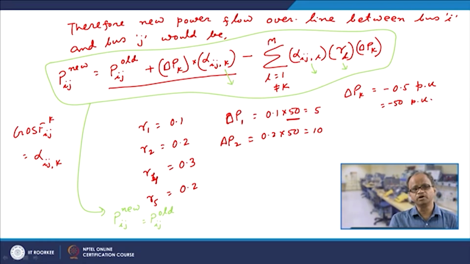Delta Pk, we have already seen, is actually the negative of the earlier generation. So it is basically minus Pk into alpha ijk, and this is minus and this is also minus.